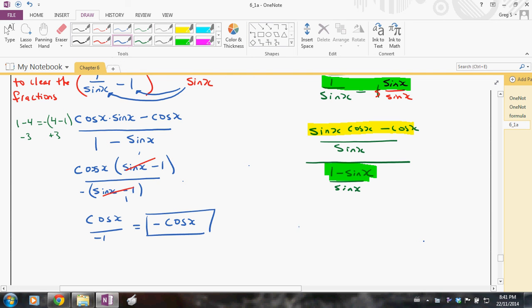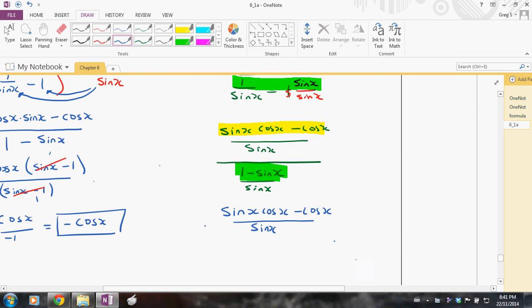So we are going to have here the sine x times the cos x minus cos x all over sine x, and I might be running out of room here again. See what happens if I move this over a little bit.